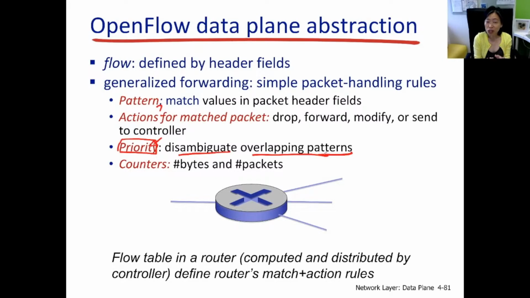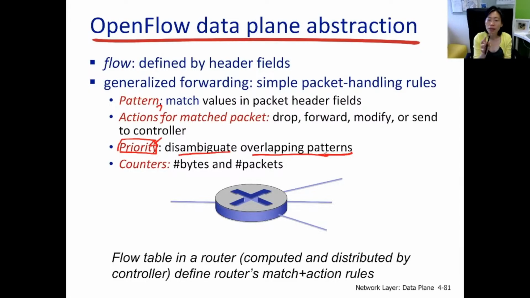Now in traditional forwarding, we don't need to specify a priority. Why? Traditional forwarding is doing prefix matching. We do have multiple prefixes existing in the forwarding table, so one packet could actually match multiple prefixes.